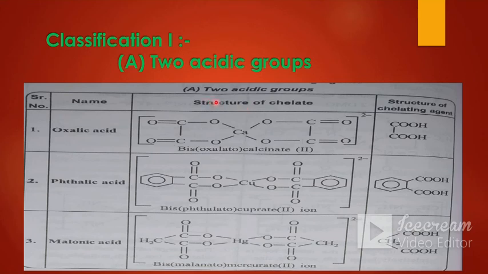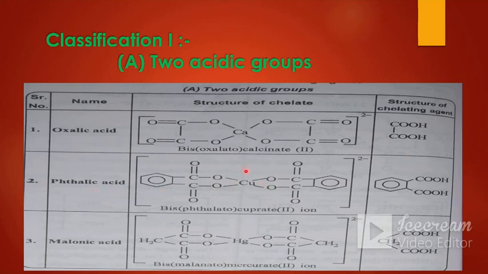In this structure of oxalic acid, there are two acidic groups attached to the central calcium, and the structure of the chelating agent is like this, COOH. The name of the structure is bis oxalato calciate 2. Second, phthalic acid.